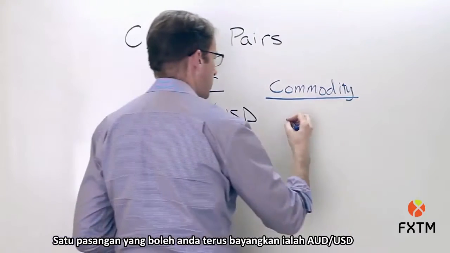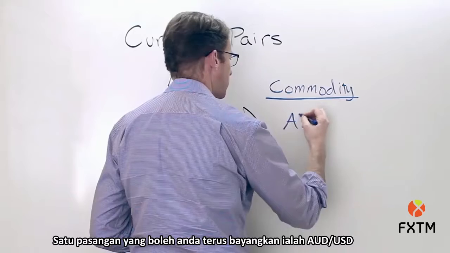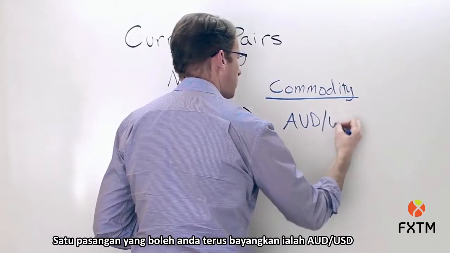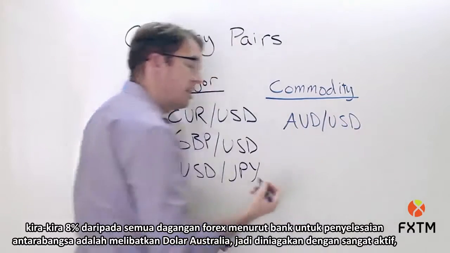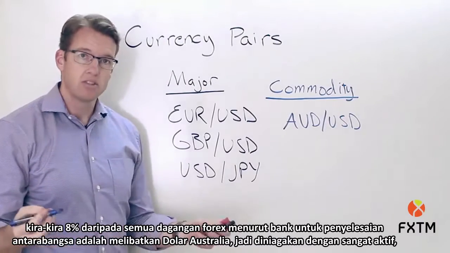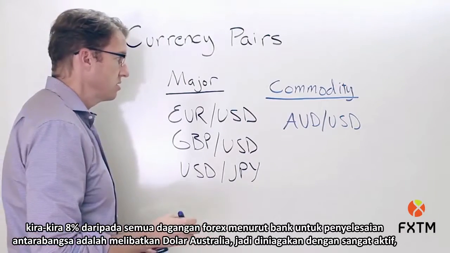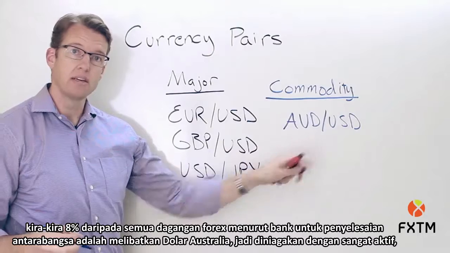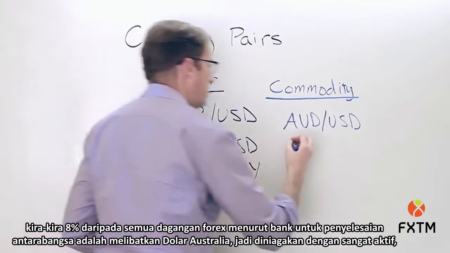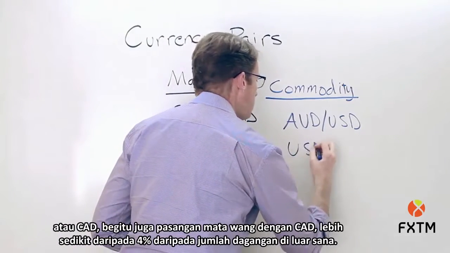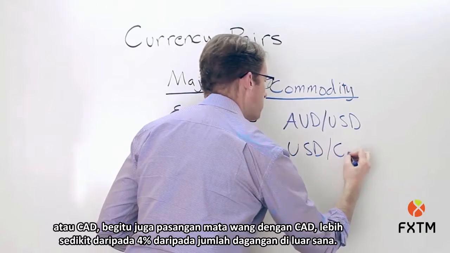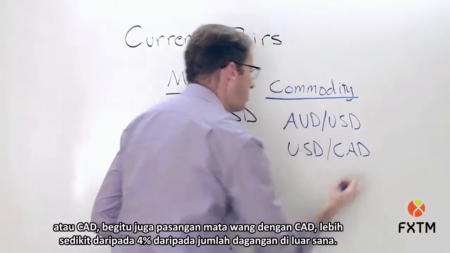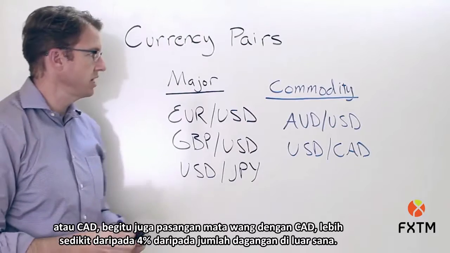One that you can imagine right away would make sense is the Australian dollar to the US dollar. About 8% of all Forex trading, according to the Bank for International Settlements, involves the Australian dollar. So it's very actively traded. Or the Canadian dollar: currency pairs with the Canadian dollar in them make up a little over 4% of total trading out there.